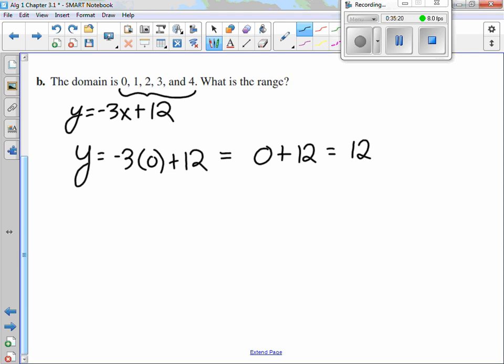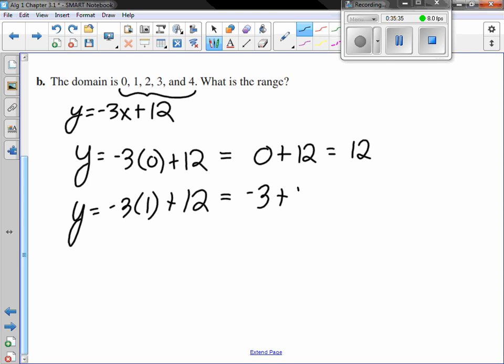Now what do we do? We go to the next one. We plug in 1. So we'd have negative 3 times 1 plus 12. At this point, we can do negative 3 times 1, which is negative 3, because 1 times negative 3 would be negative 3. And negative 3 plus 12 would be 9.